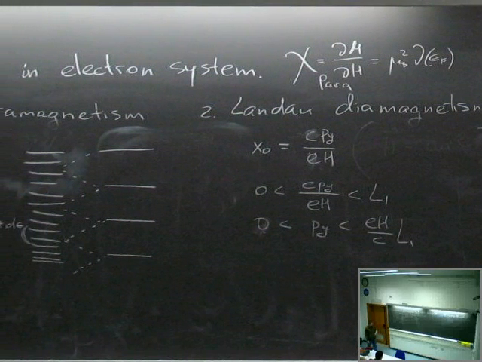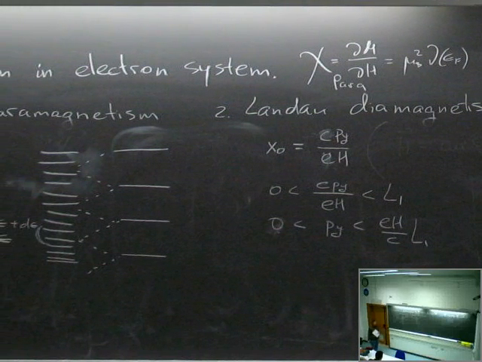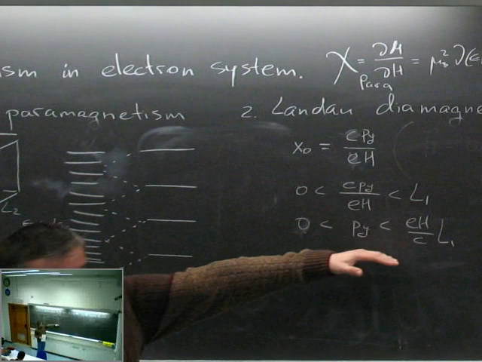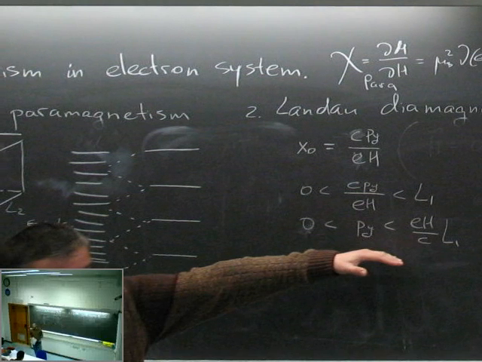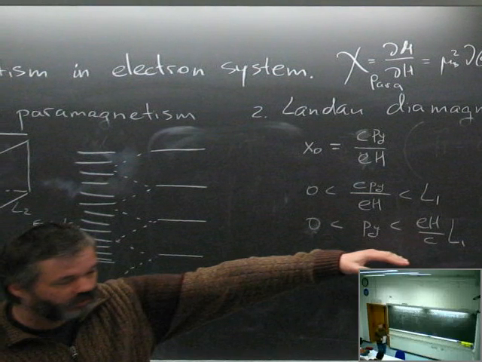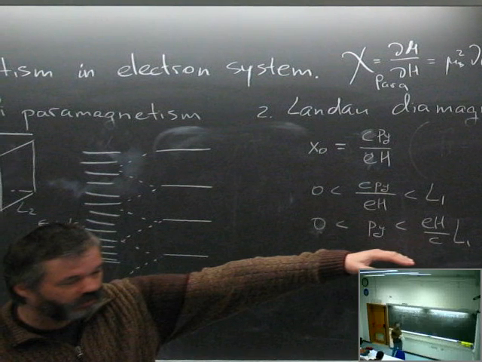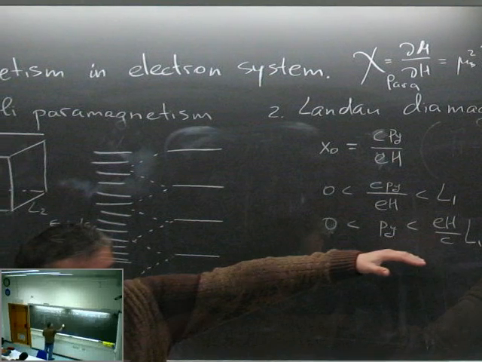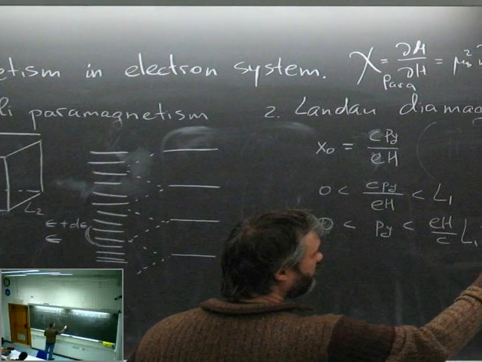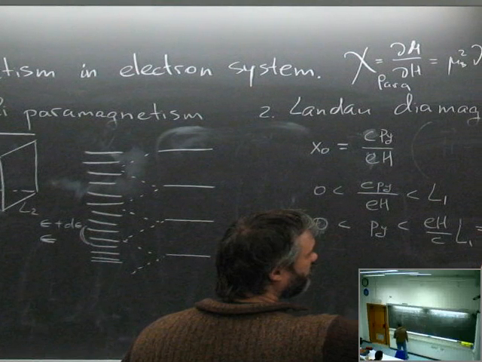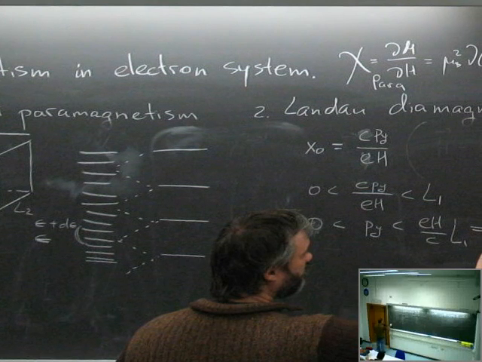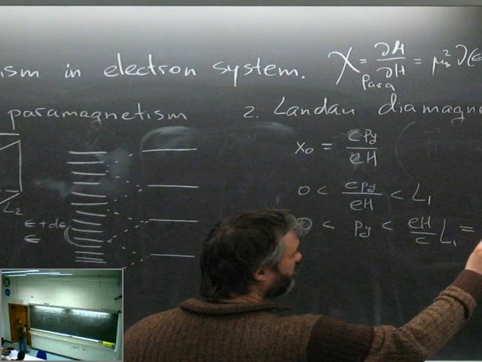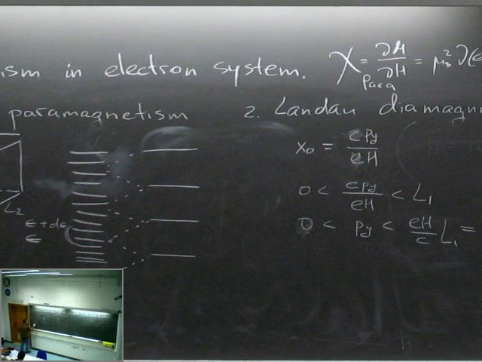At this very moment, it is very instructive to define something which is called magnetic length. So you see that the dimension of Py, if I put h bar equal to 1, is inverse dimension of the space. Therefore, I would like to write it as L1 divided by aH squared, where magnetic length aH is inversely proportional to magnetic field eH over c.